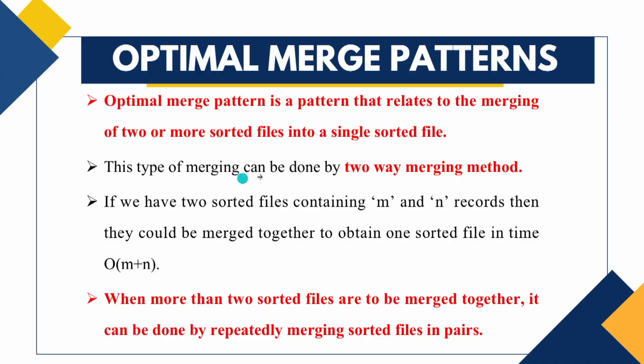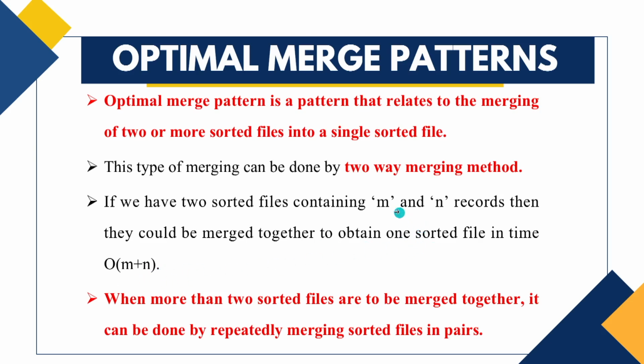Optimal merge pattern relates to merging 2 or more sorted files into a single sorted file, and this type of merging is usually done by the two-way merging method. As we saw before, we merge 2 files at a time. If we have sorted files containing m and n records, then when we finally merge them into one, the total time required is order of m plus n.